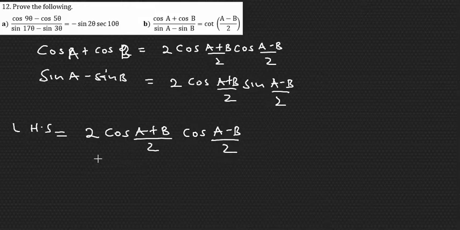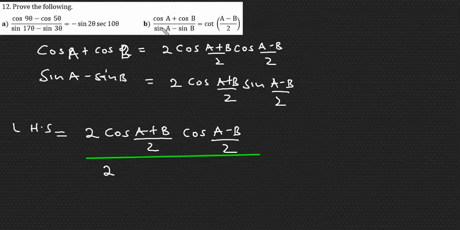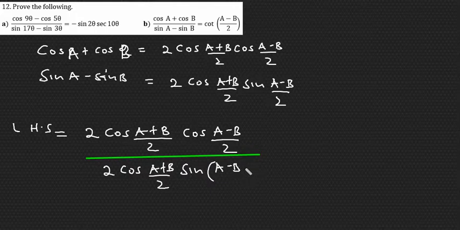This divided by 2, because it is sine minus sine, so we shall get 2 cos, then we add the angles, that is A plus B divided by 2 and sine, then we subtract the angles, A minus B, and we divide it by 2.